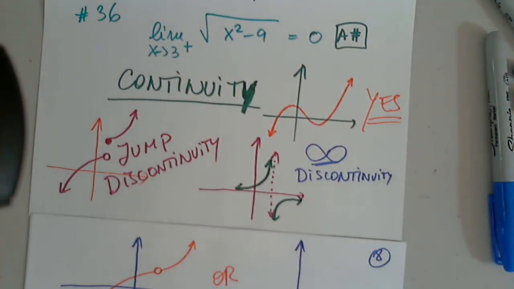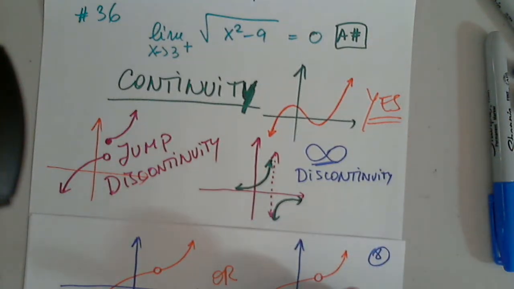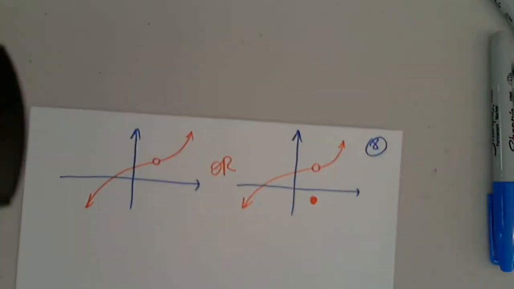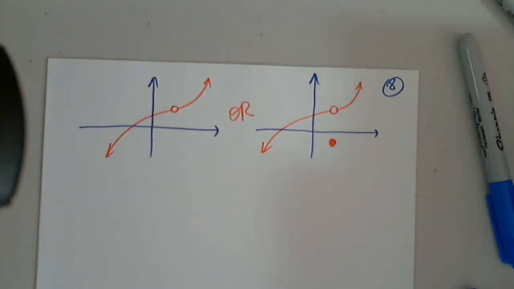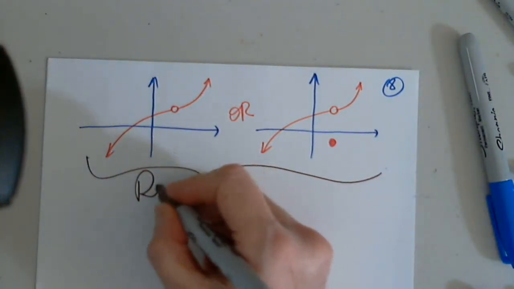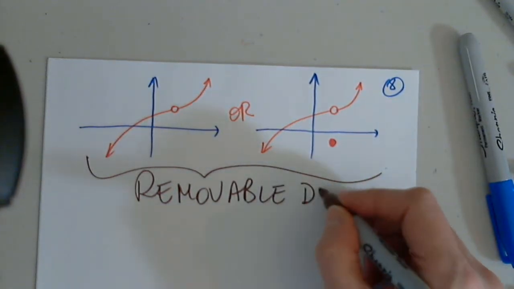They are both the same. They have the same name, and they have the same property. Okay, I'm not going to ask you the name of this. I will tell you what it is. So both these two cases are called removable discontinuity.